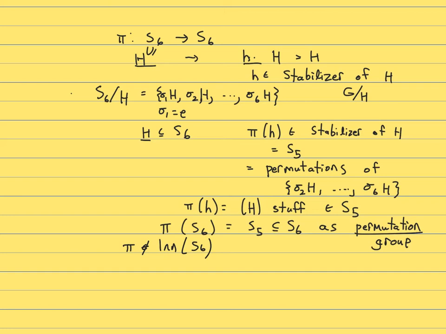And one way to see that is if you had an automorphism that is inner, you can check and see that what it does to subgroups is it sends them to conjugates.